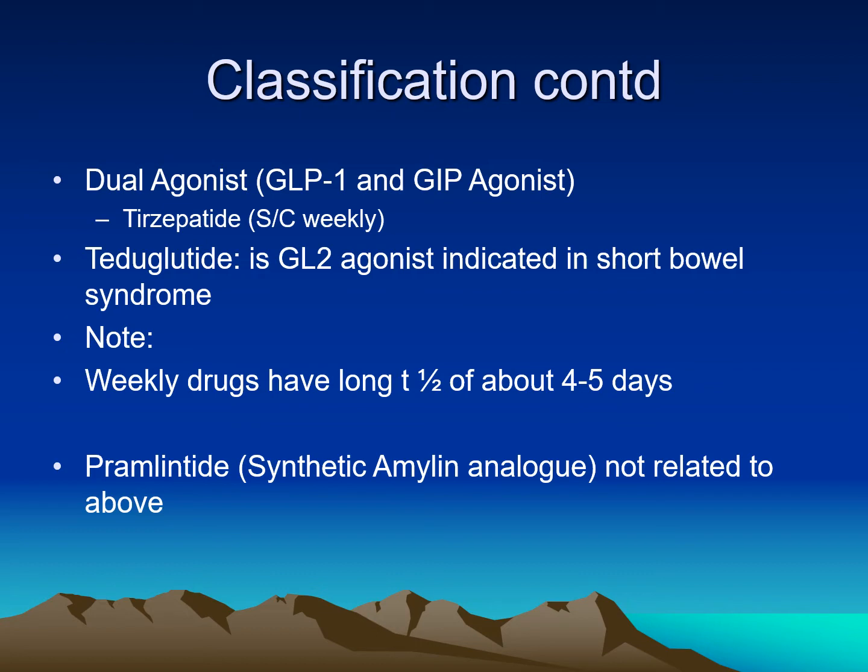Just to complete the list, teduglutide is a GLP-2 receptor agonist not considered for diabetes mellitus, but currently it is being investigated for the treatment of short bowel syndrome or blind loop syndrome. In general, weekly drugs have longer half-life than those given for daily use. Pramlintide is not an incretin, but it resembles one because it complements the effect of insulin. It is not related to incretins at all.